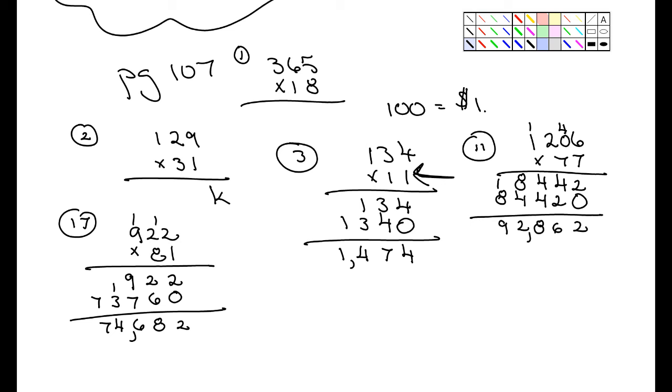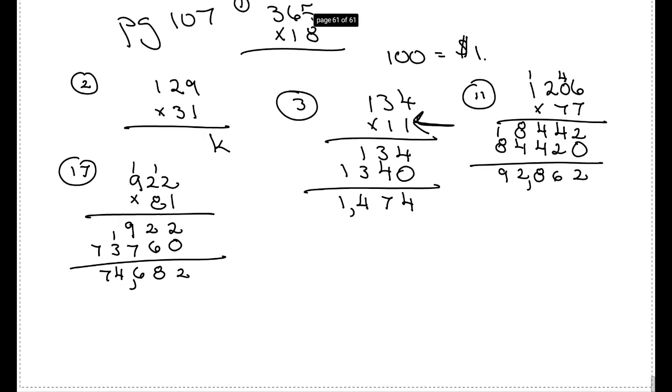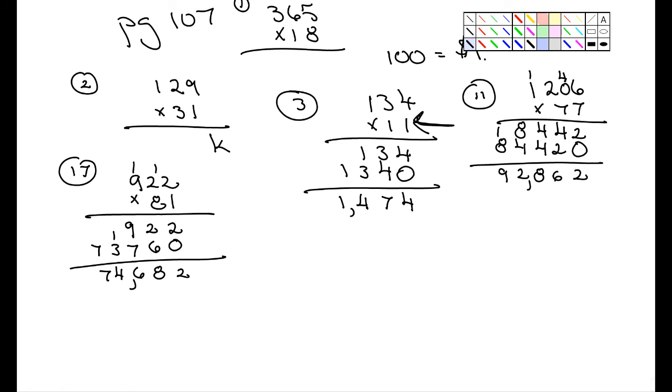Let's look at page 108. I don't have much room left here. It says Jason frequently travels for work. This year he plans to make 15 trips to Chicago. What's the total cost for his airfare?